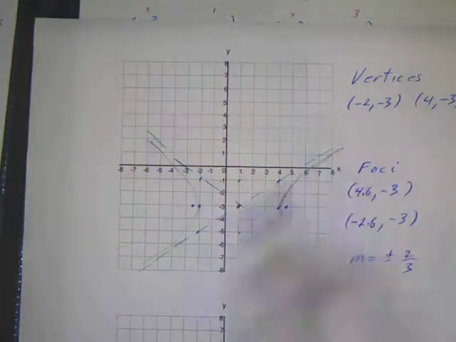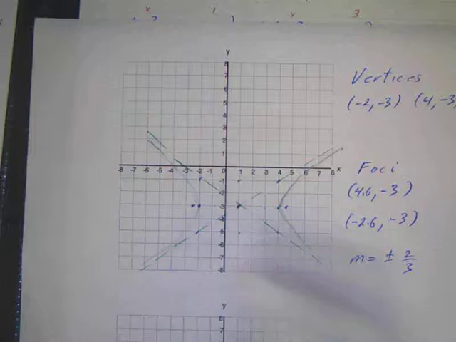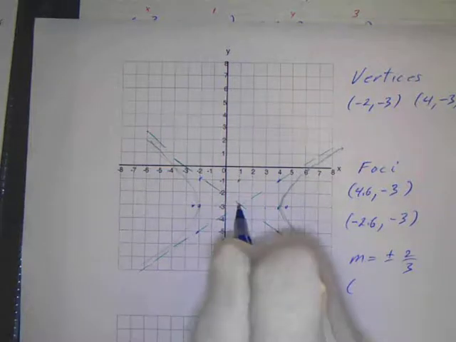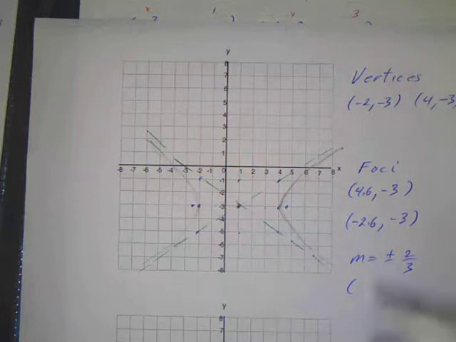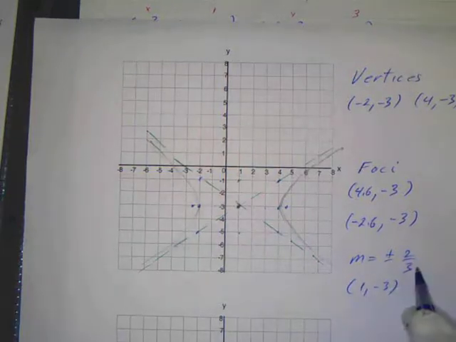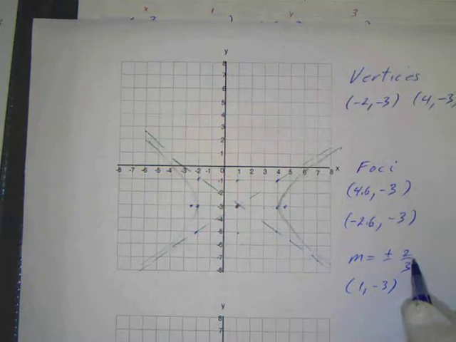So we want the equation of these two lines. Now they go through the center point, which is going to be 1, negative 3. So I just have to find the equations of the two lines that go through these 2 points with these 2 different slopes.